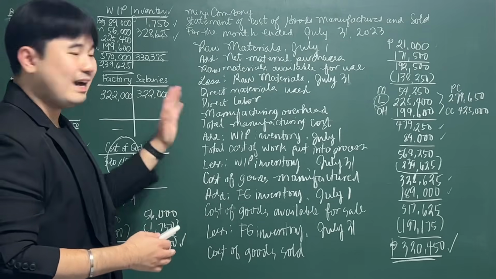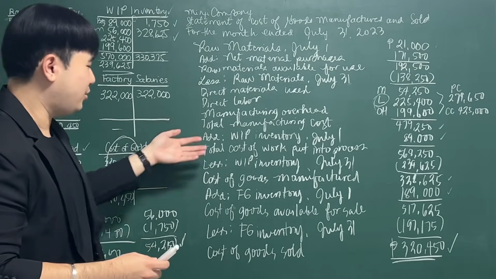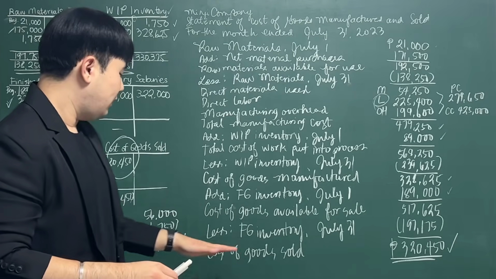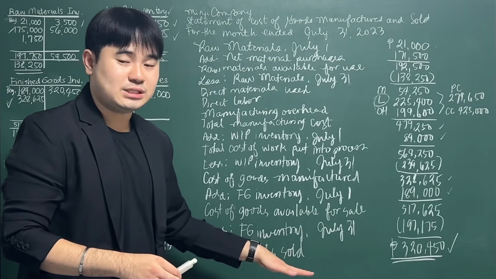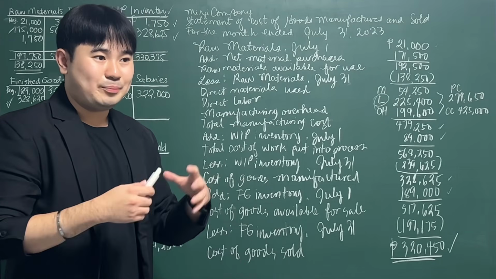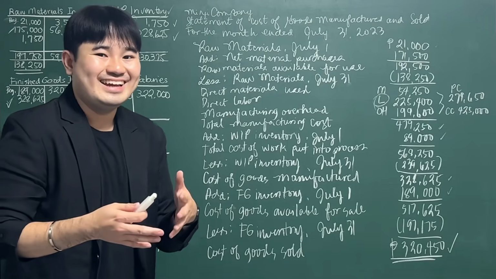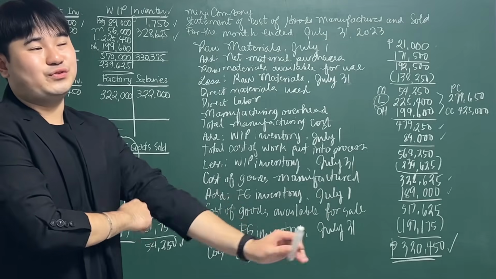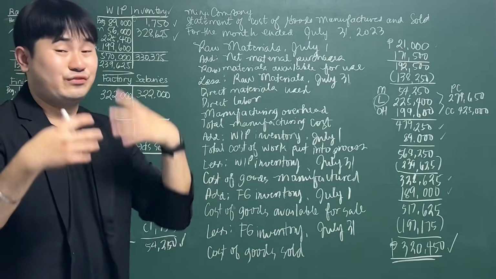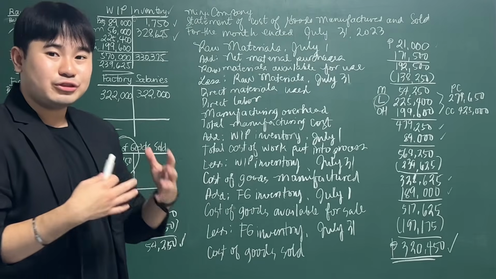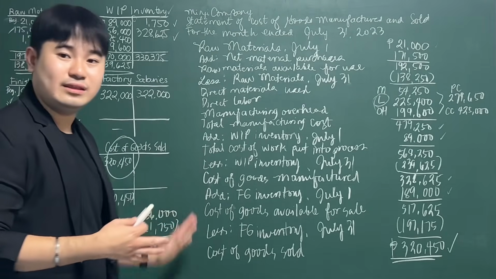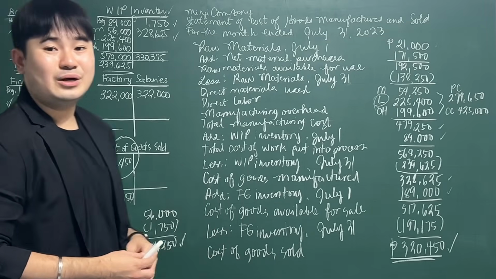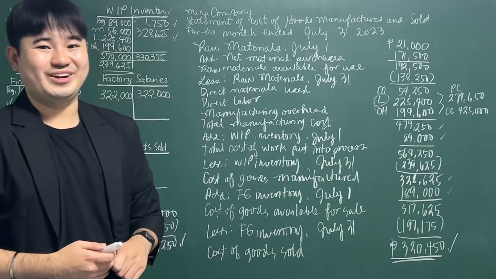Basically, when you are being asked about total manufacturing cost, cost of goods manufactured, or the end point itself, which is cost of goods sold, then your best friend actually is the whole statement itself. I don't want you to memorize it just as a formula, but rather it's better if you understand why we are adding things, why we are subtracting things. Okay? So that is our problem solving technique for this session.